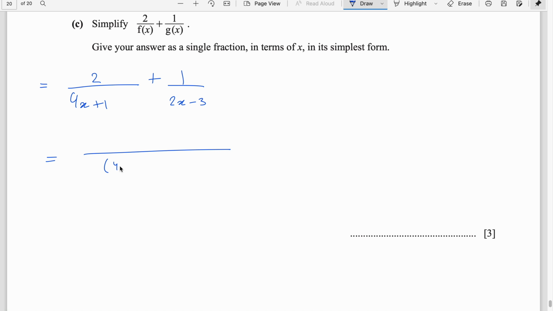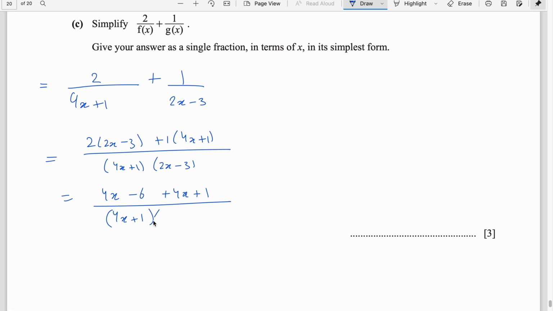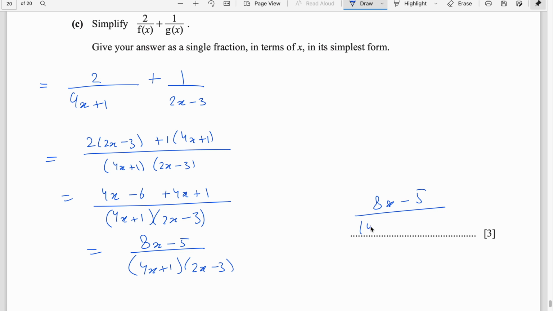So LCM is 4x plus 1 times 2x minus 3, and you cross multiply. 2 times 2x is 4x, 2 times 3 is 6, over 4x plus 1, 2x minus 3. There's no need to multiply the denominator, but if you do, that is also acceptable. But I would suggest to avoid doing extra workings. So this is 8x minus 5 by 4x plus 1 times 2x minus 3.